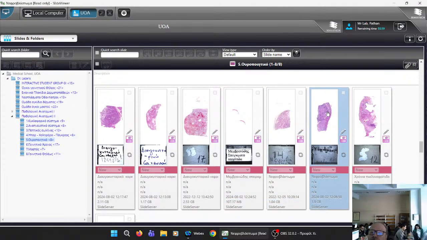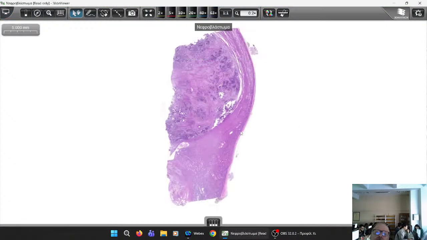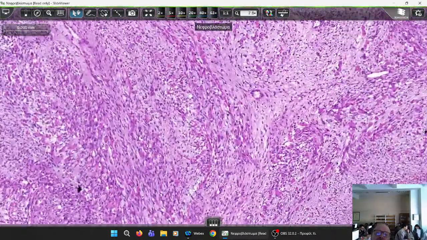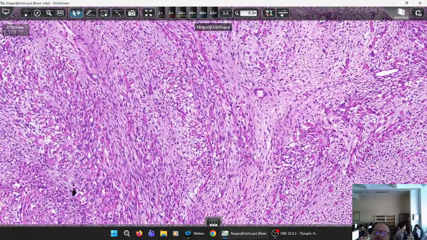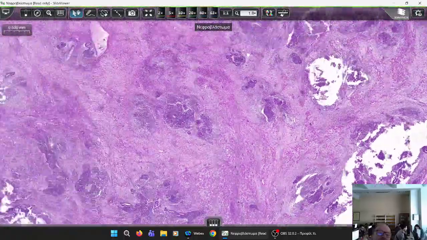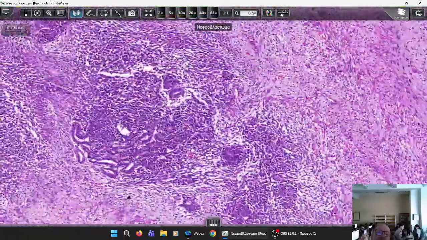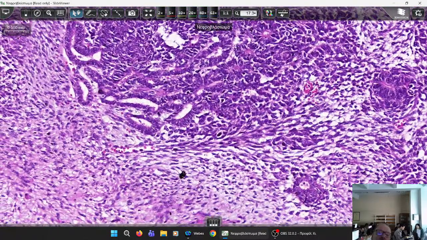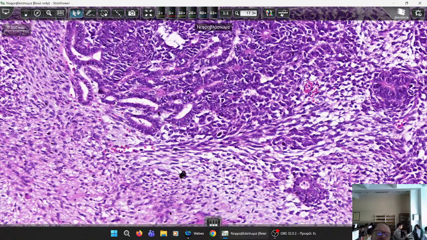And there is another section of nephroblastoma. It mainly has the mesenchymal component with the spindle cells, the undifferentiated component, here it is, the blastema component, and some epithelial structures.